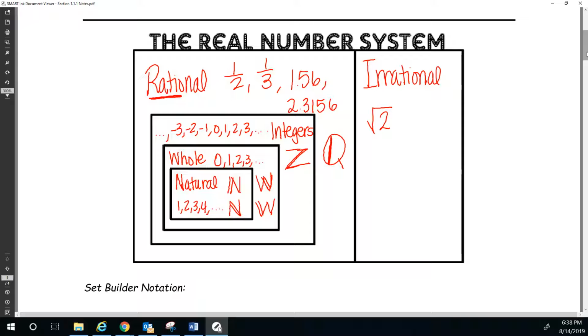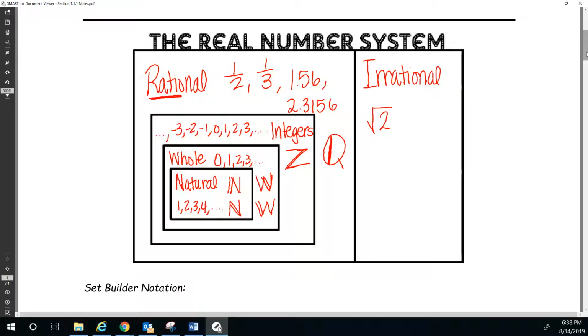It keeps going on and on forever. Trying to think, what else? The square root of 3, the square root of 5. The square root of 3 would be 1.73205 and so on. That is the example they have in the book.